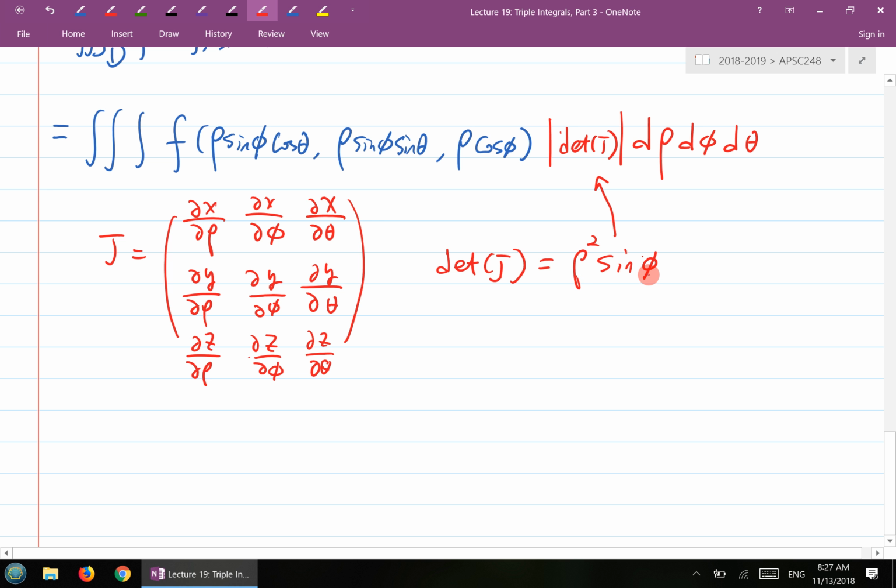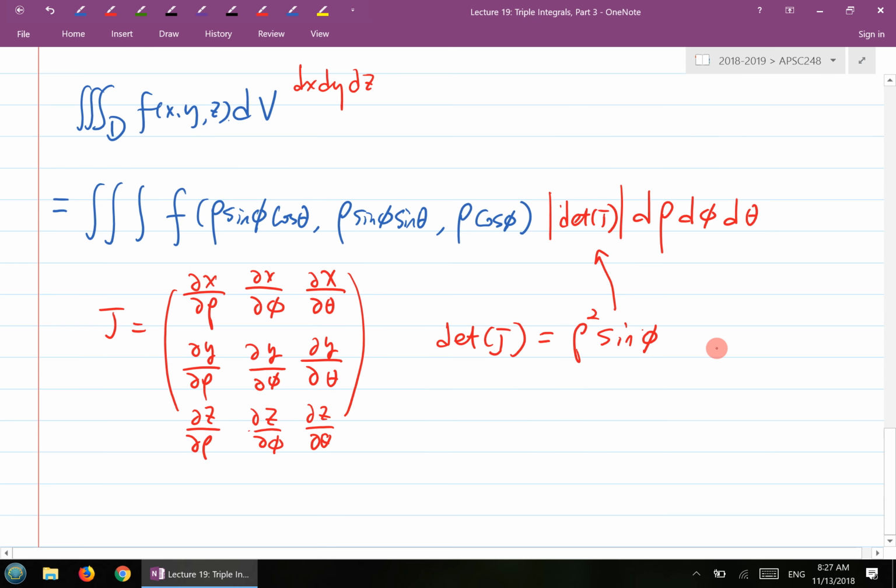When phi is between 0 and pi, the sine is guaranteed to be positive, so you don't have to do anything, just replace it over here. Then your evaluation of this triple integral will be all in terms of rho, phi, theta now. Is that clear?